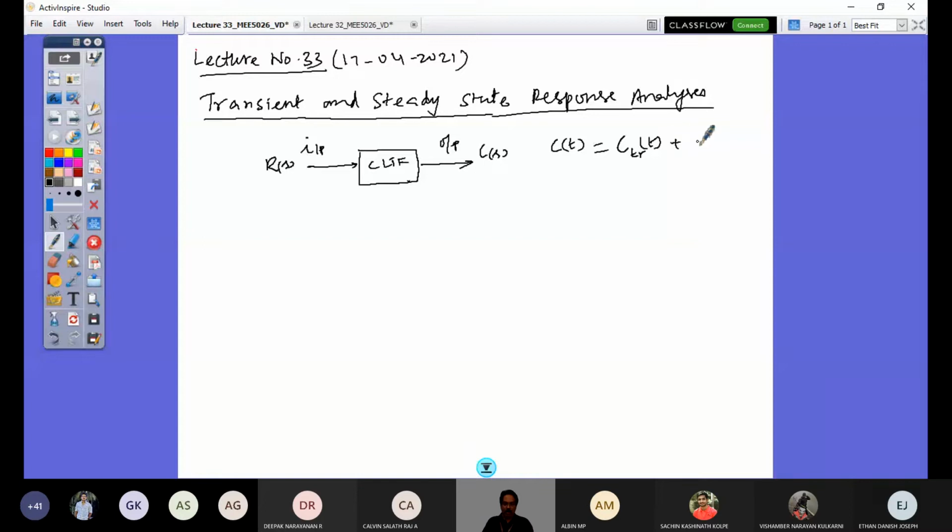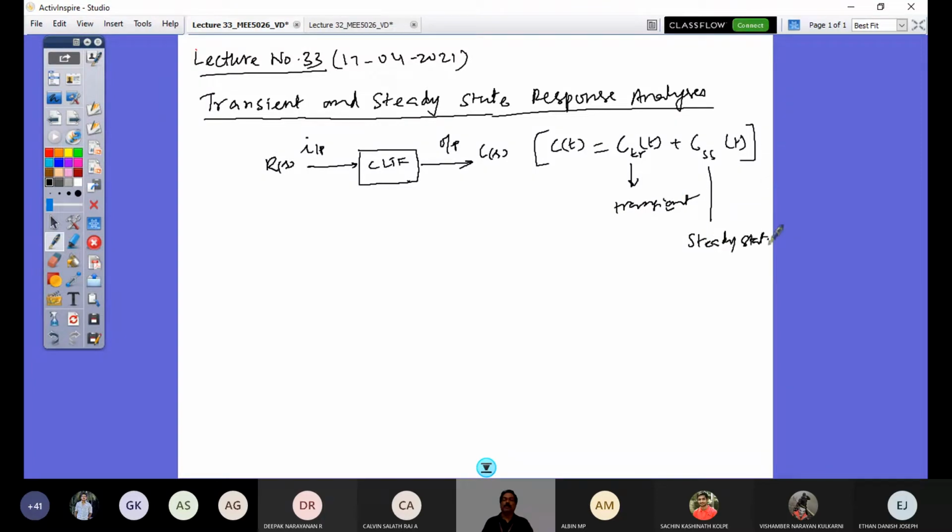One is called the transient response, and the other is called the steady state response. So what do you mean by transient response?